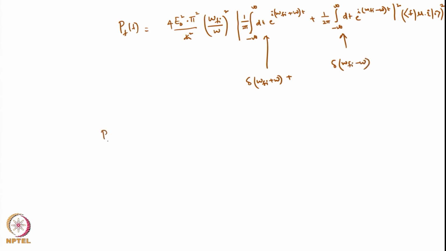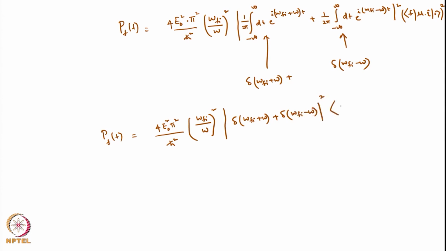So your P of t will now become 4 E naught square pi square by h bar square, omega fi by omega square, modulus of delta of omega fi plus omega plus delta of omega fi minus omega, whole square, epsilon dot mu fi whole square.